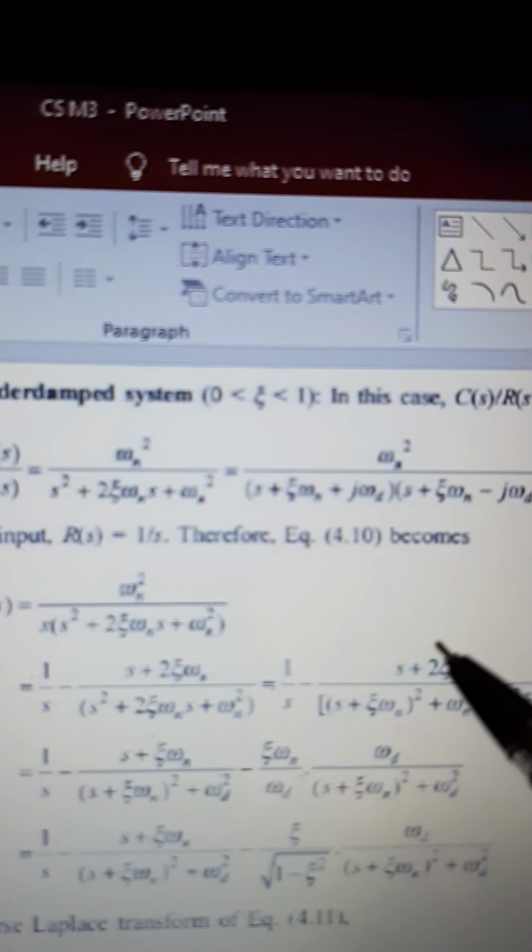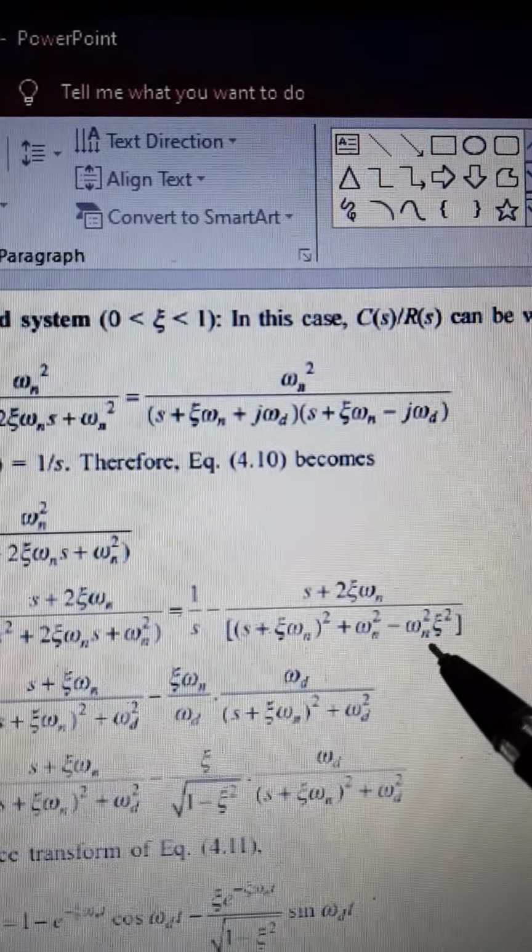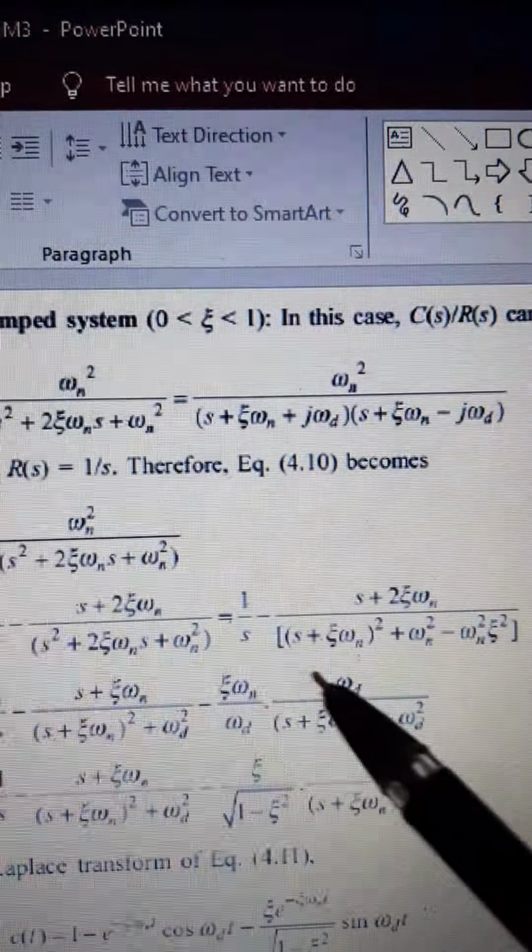You can see that the psi square omega n square term is extra, and that term should be subtracted when comparing.